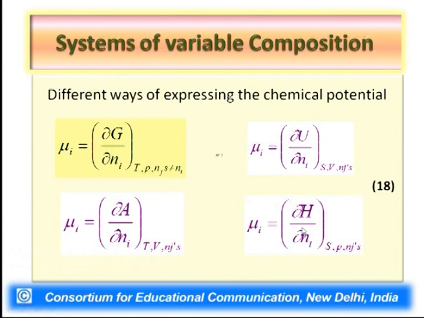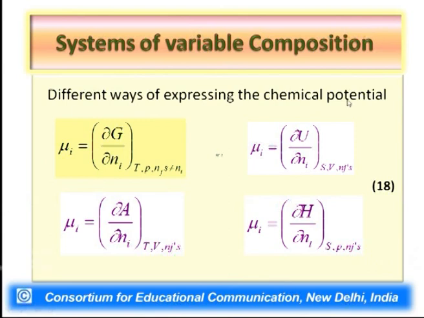So, if you watch it very carefully, only the first one is the one in which we are talking about increase in Gibbs energy with addition of an infinitesimal amount of component i, keeping temperature, pressure and N_j constant. Now, when temperature and pressure are kept constant, it means we are talking about a partial molar quantity.